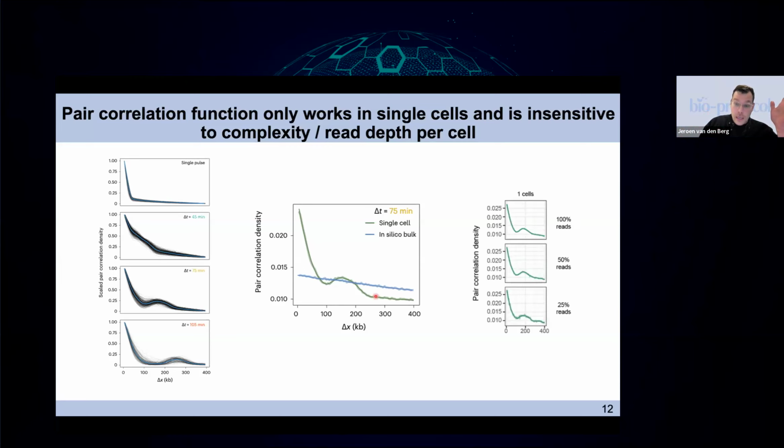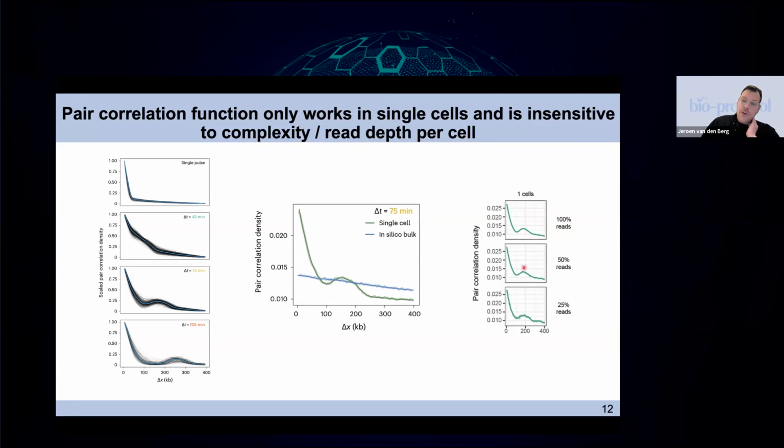And moreover, if we now take this one cell again and downsample it, so what I was saying before, again, it's like taking, instead of 100% of the unique reads, taking 50% or even 25% of the unique reads, we still see this same distribution in our data, indicating that there's quite a lot of signal that contributes to our ability to measure this second hump, so to say.